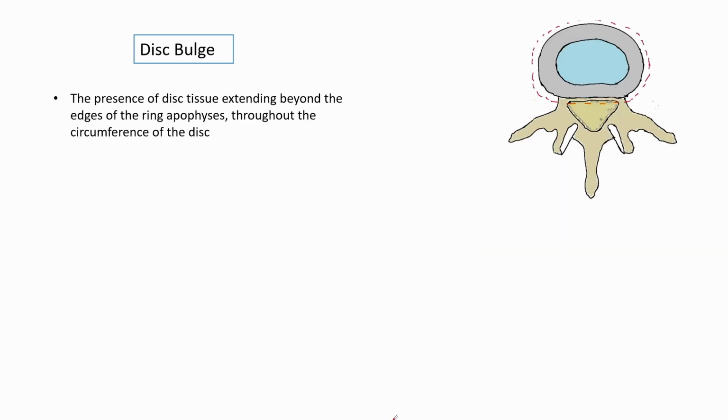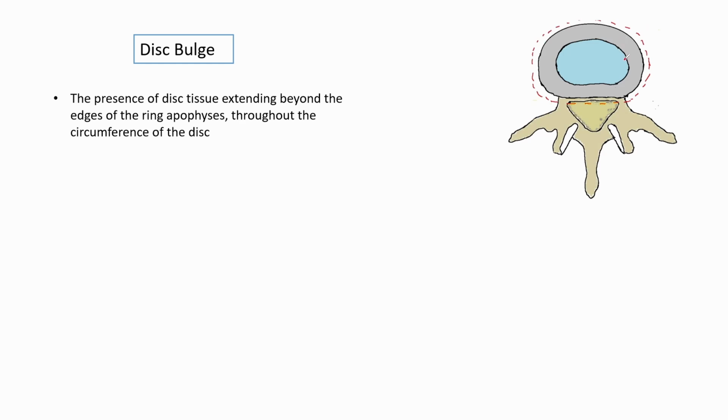What is a disc bulge? The presence of disc tissue extending beyond the edges of the ring apophysis throughout the circumference of the disc. So, if the displacement is circumferential and it involves more than 25% of the circumference of the disc, it is not considered as a disc herniation.